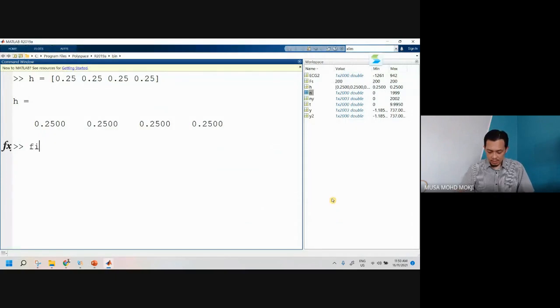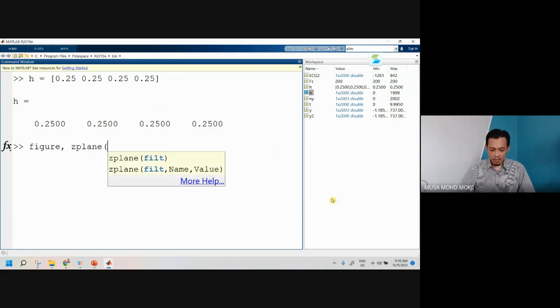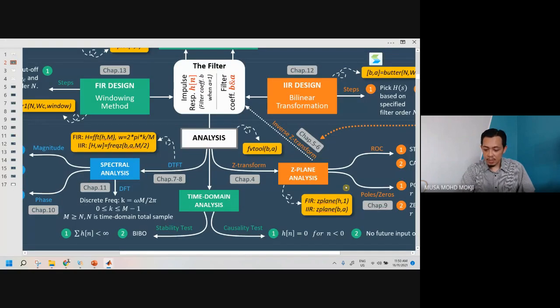Let's try to plot that figure, zplane of H1. Let me see. Okay, that's all.